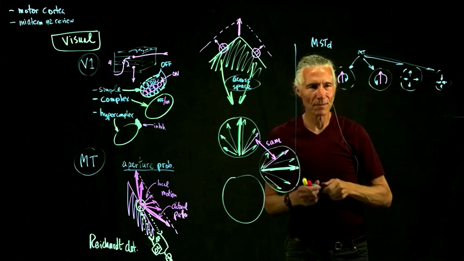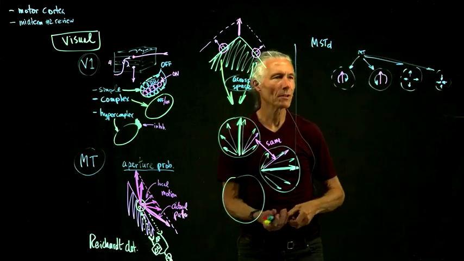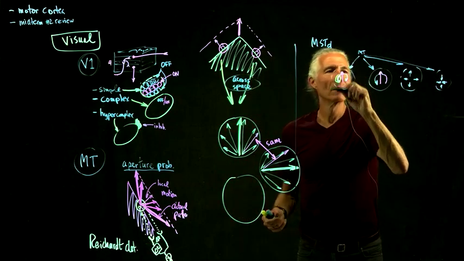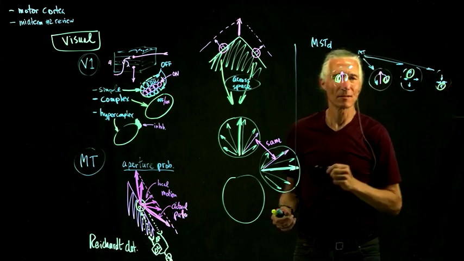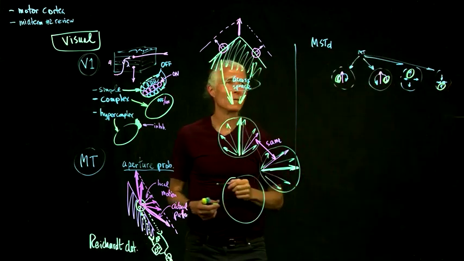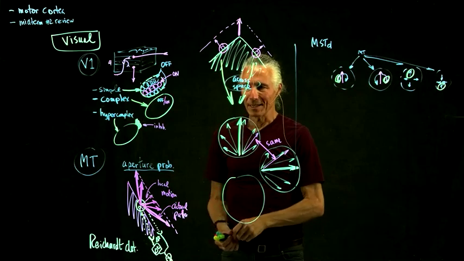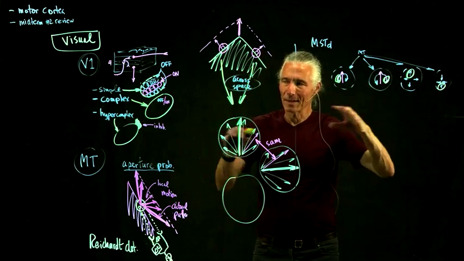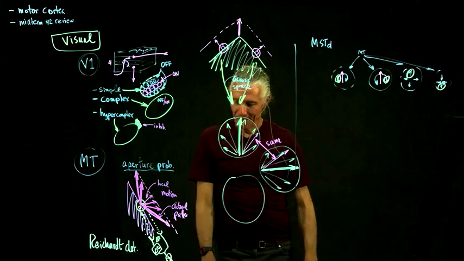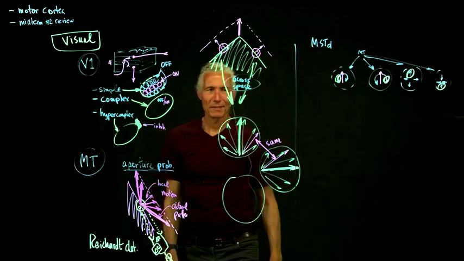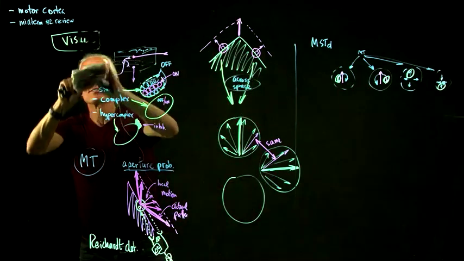I can't tell the difference because they all got some up. So here's some up, here's some up, here's some up, here's some up. Can't tell the difference. So that was MST, and it has to do it by sort of summing information across space. So then we went to Somato.